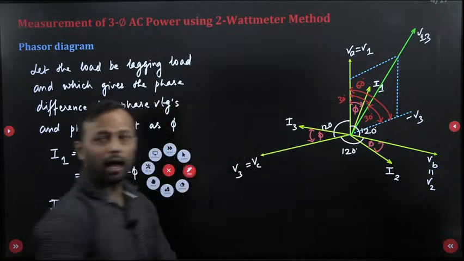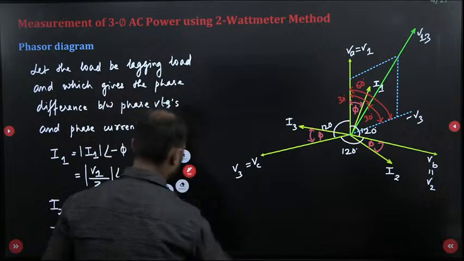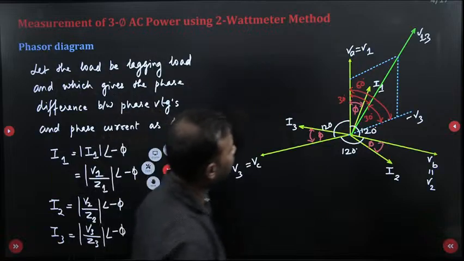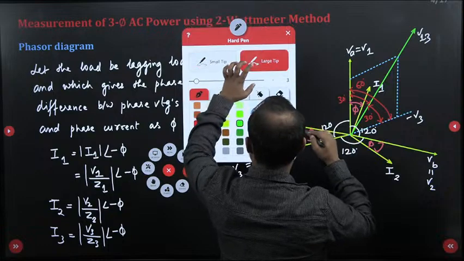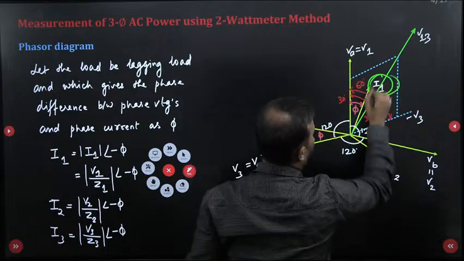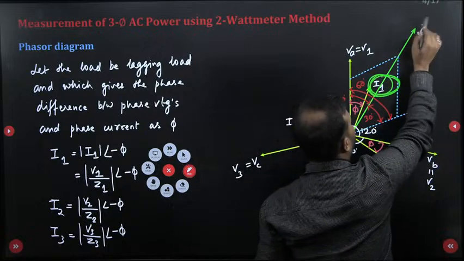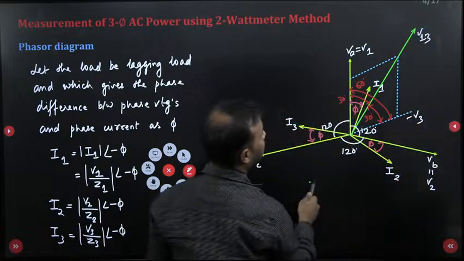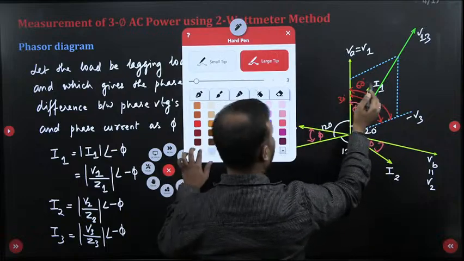But my dear friend, I am supposed to calculate the phase angle between V13 and I1. So let me see where is I1. I1 is here. This is your I1. And where is V13? V13 is here. So I mean to say this angle.